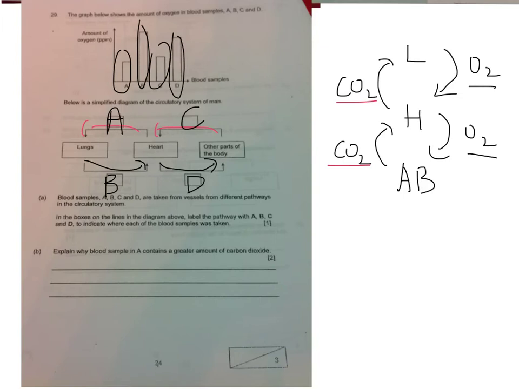Explain why blood sample A contains a greater amount of carbon dioxide.